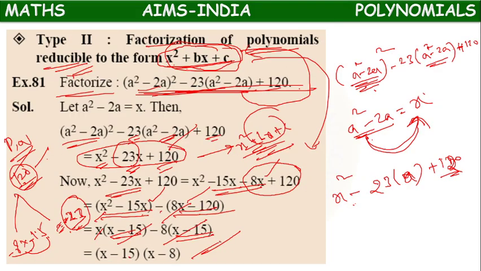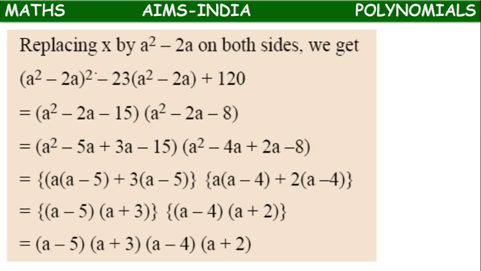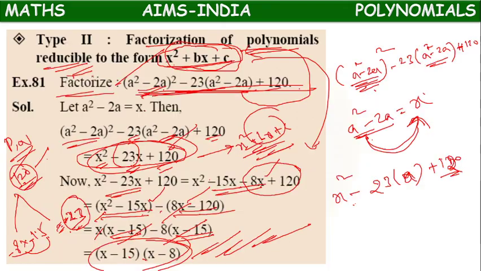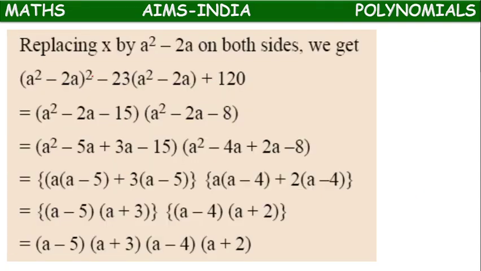So here we have found factors only for the half part, not for the given expression. We have to find the factors for the given expression, so the problem is still remaining. Now we replace x with a square minus 2a.